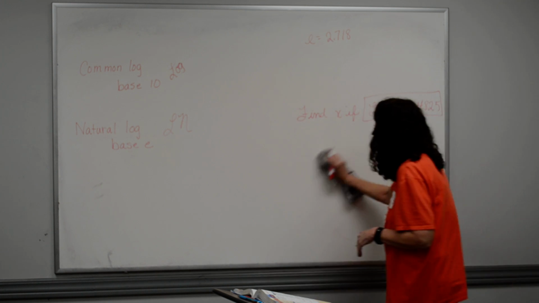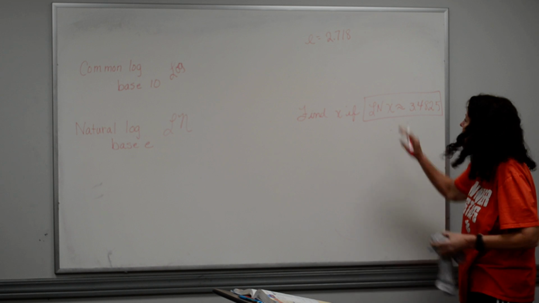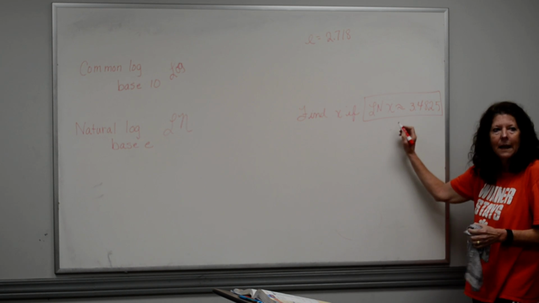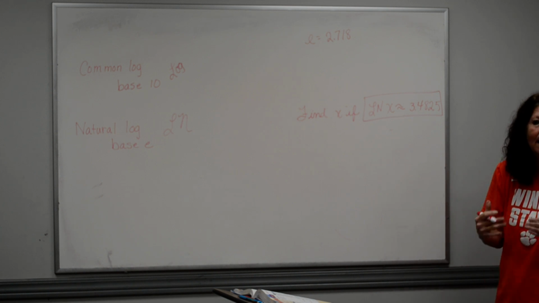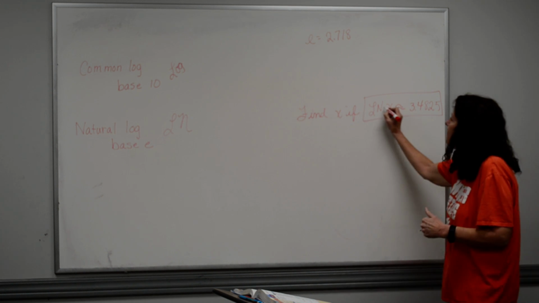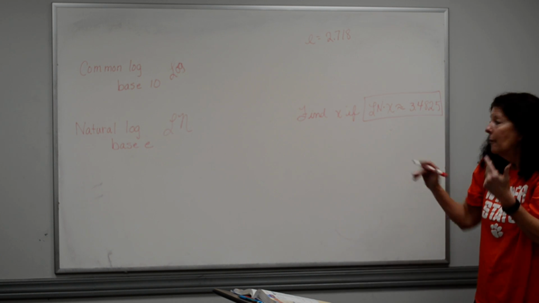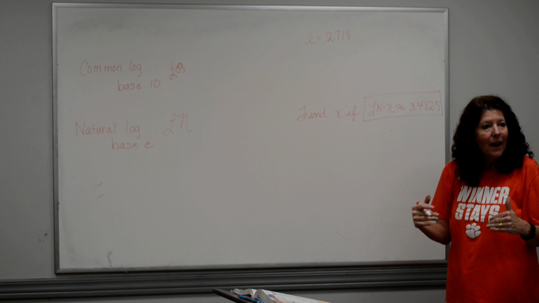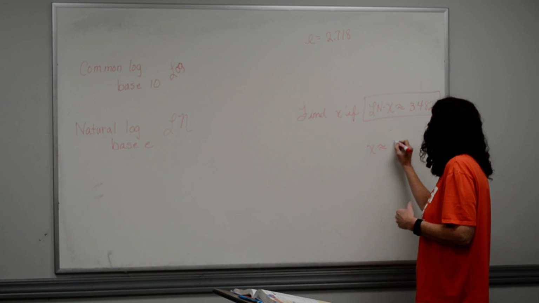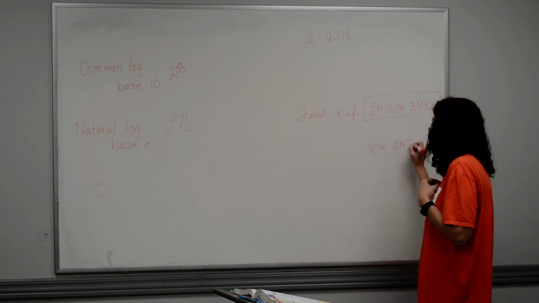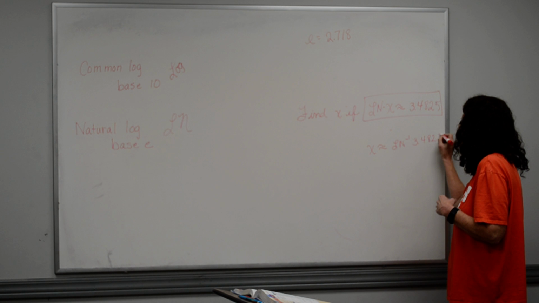But if I have a logarithm on one side, this is a natural log, I can find my x by doing the inverse, or the anti-natural logarithm. So I'm basically moving my natural log to the other side by, if you will, dividing. That's the same as taking the inverse of the natural log of 3.4825.